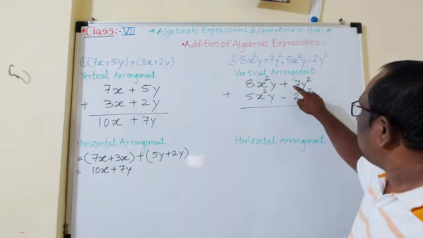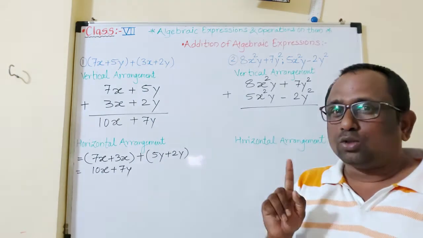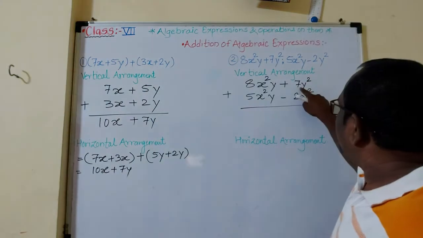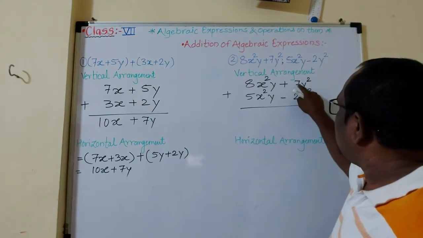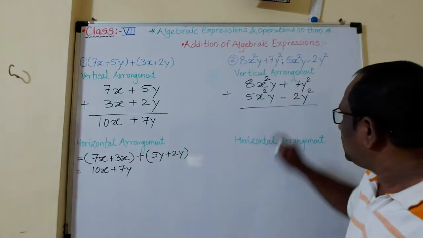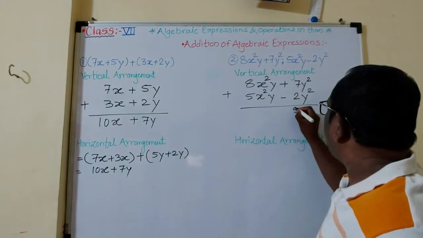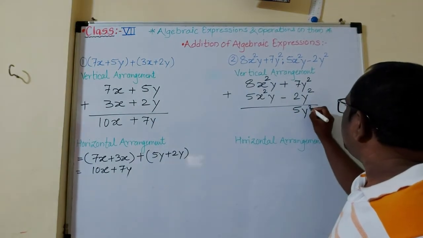See, look here: plus times minus gives minus. So 7y square minus 2y square; we only deal with the coefficients. 7 minus 2 is 5, and y square as it is, we write one time.